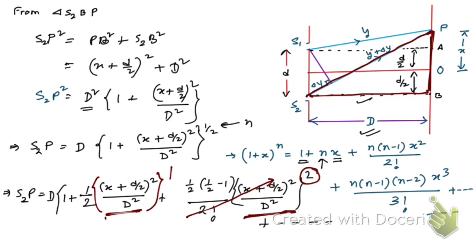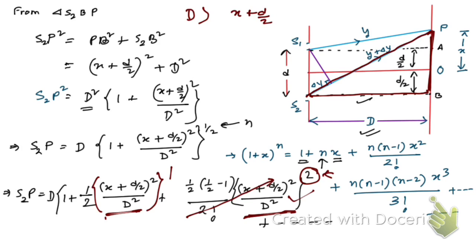All those terms will be neglected, because you see this PB is less than this distance d. So here d is greater than x plus d by 2.